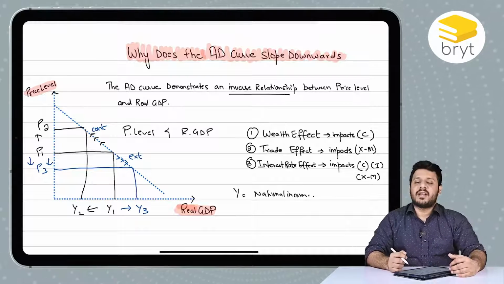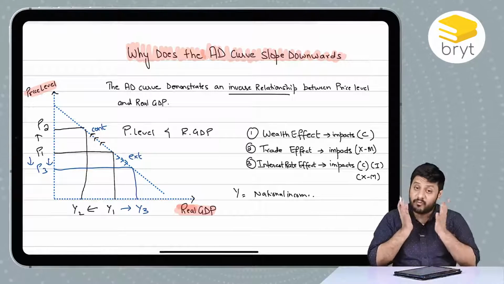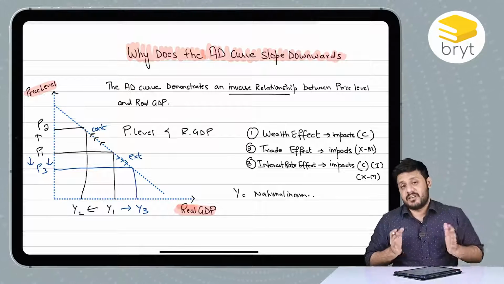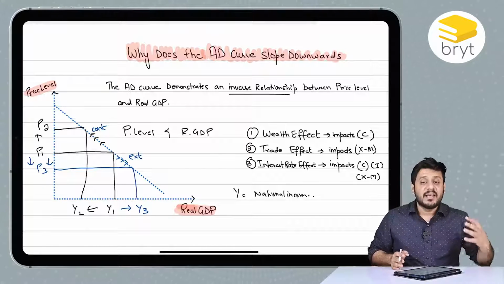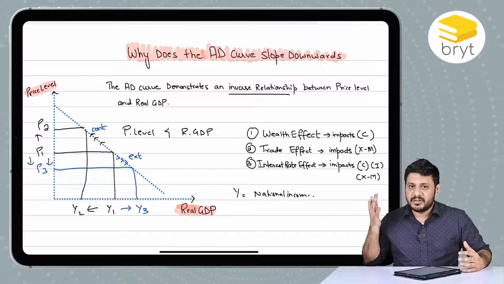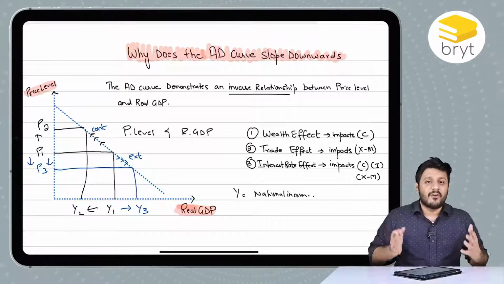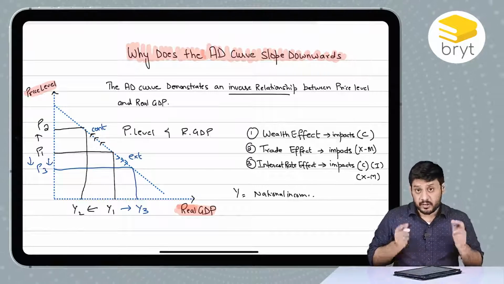Now the point to understand is why there is an inverse relation: why does real GDP rise when price level decreases, or why does real GDP fall whenever price level rises? So let's see.